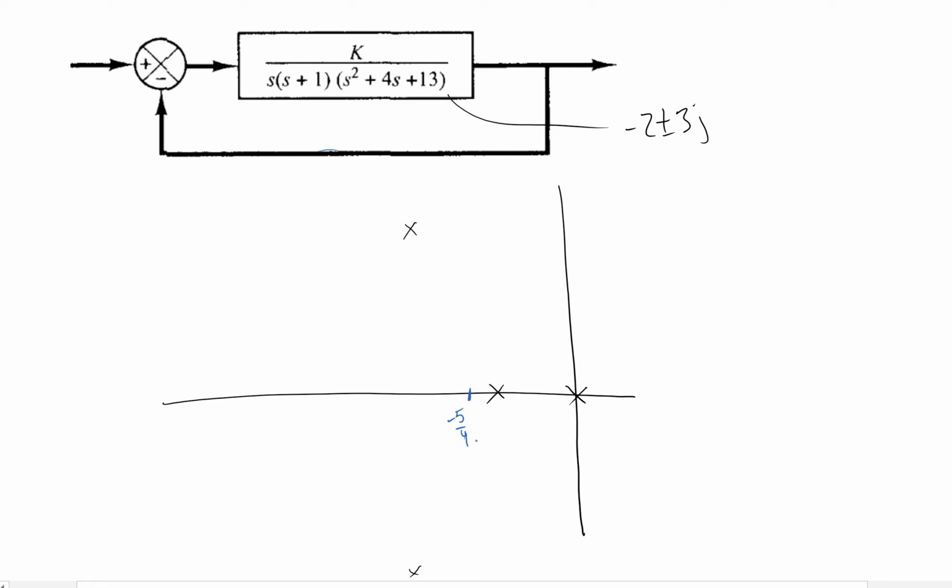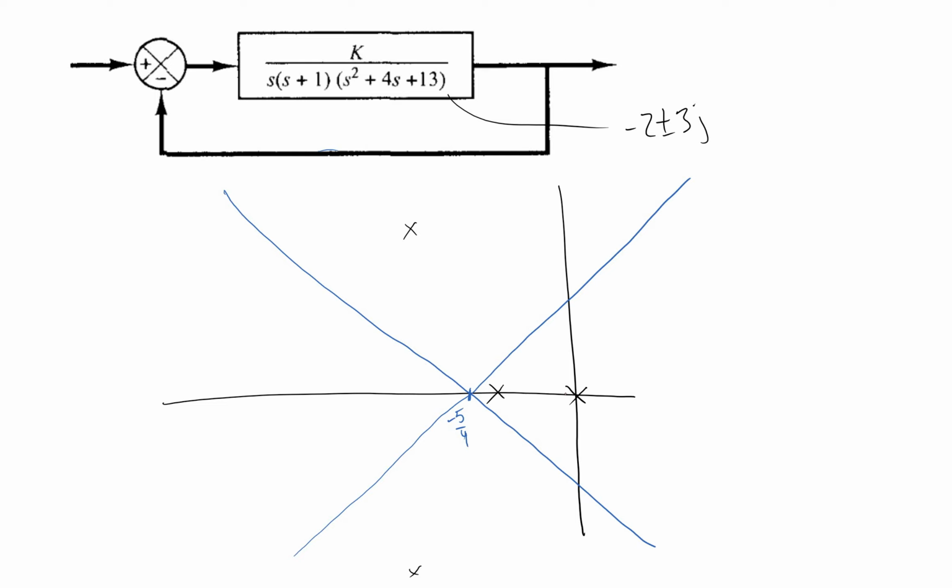Now, in this case, we've got four poles and no zeros, so we've got four branches going to infinity. This makes a cross pattern, or an X, and so we've got our asymptotes going in here like this. Now let's see what we've got on the real axis.